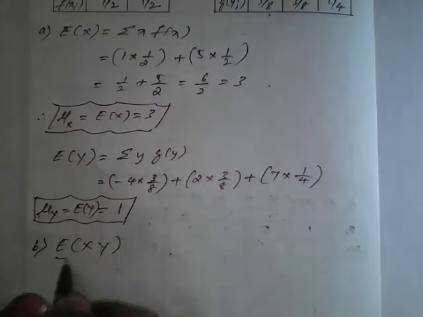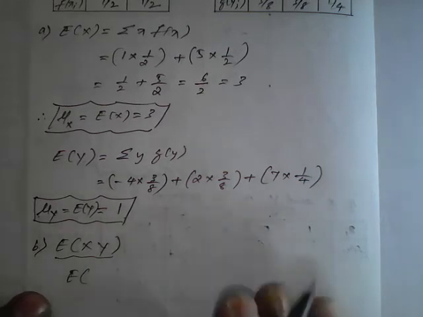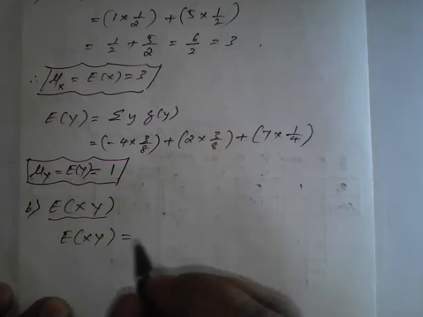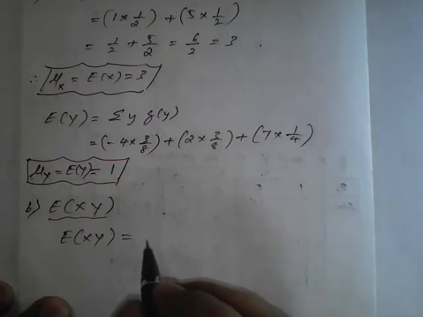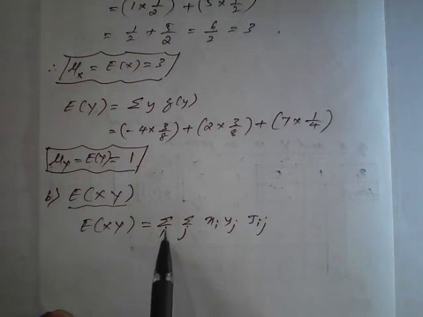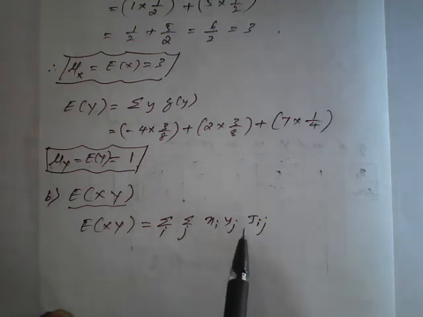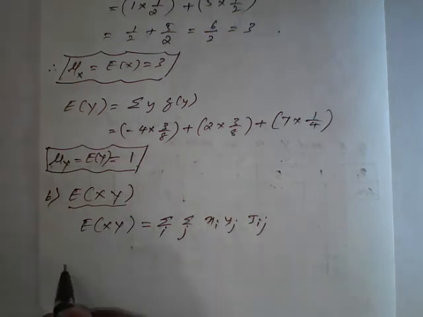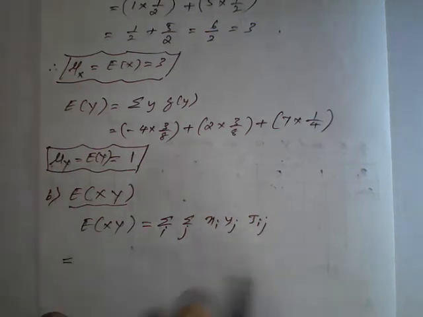The expectation of capital XY is given by the formula: summation over i, summation over j of x_i y_j f of ij. Let's go back to the table.